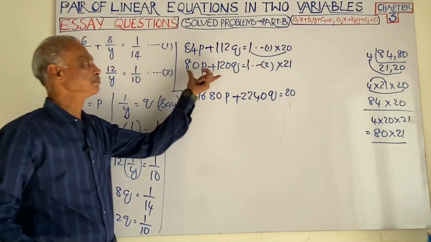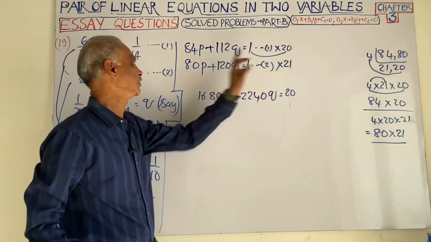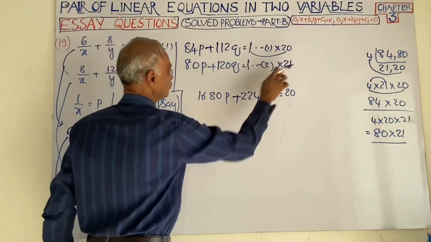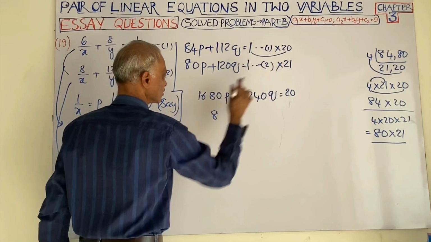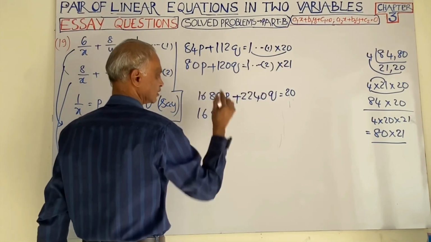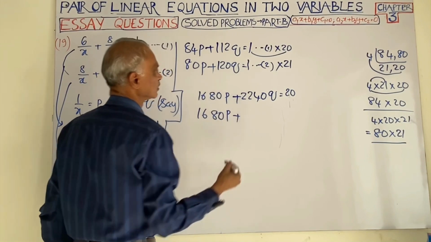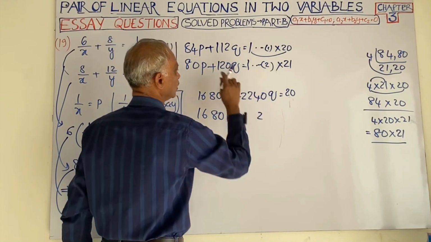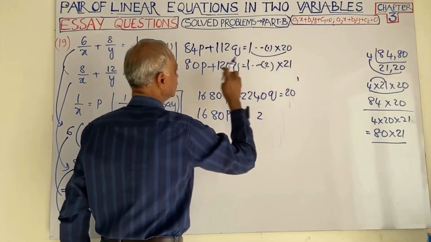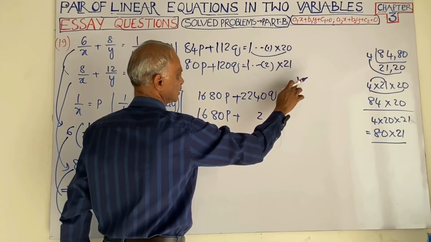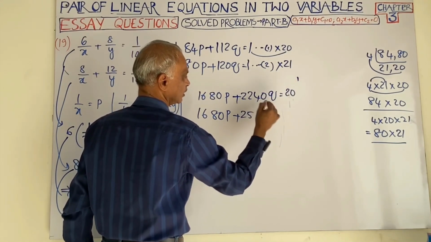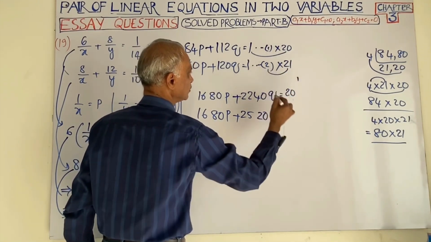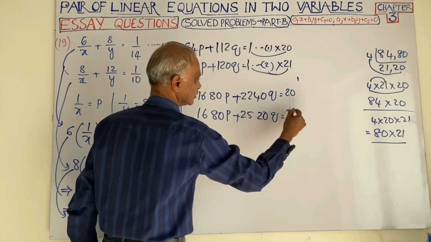Now next you multiply this equation with 21. 21 into 80, automatically you will get 1680. You see 8 into 1, 8. 8 2s are 16 and 0 is take down, plus 12 ones are 12. 12 twos are 24, 24 plus 1, 25. 25 and 0 is there, 0q is equal to 21 into 1, 21.